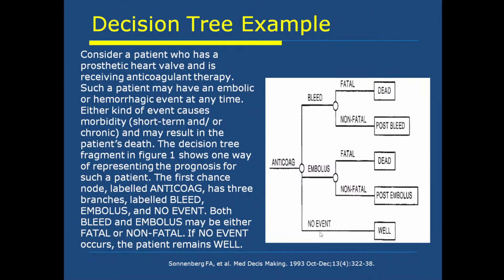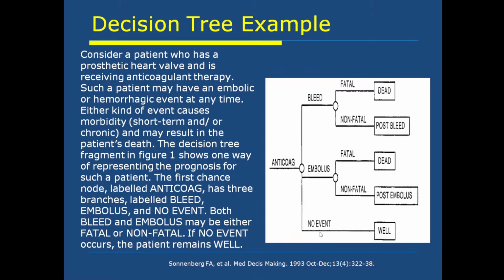At this slide, you see an example of a decision tree. Consider a patient who has a prosthetic heart valve and is receiving anticoagulant therapy. Such a patient may have an embolic or hemorrhagic event at any time.